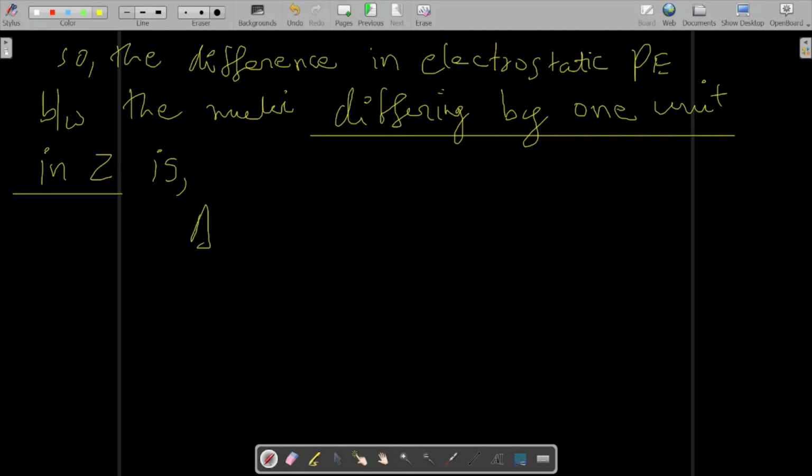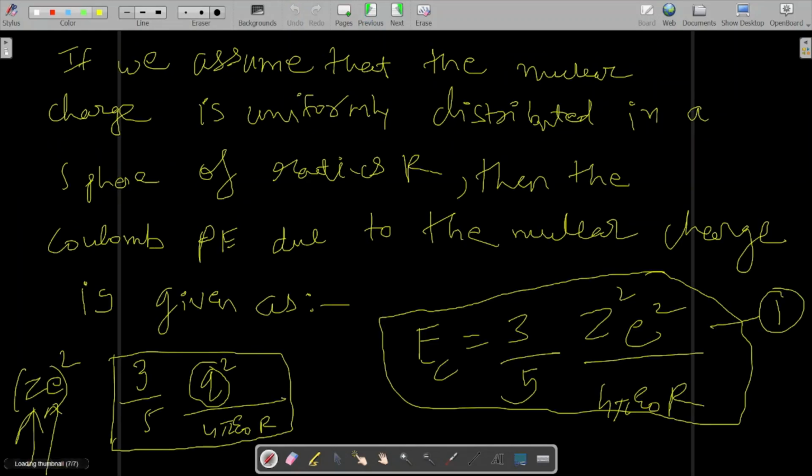So that will be delta EC is equal to, over here you will put Z once and Z plus 1, or Z minus 1, once, because they are differing by 1.